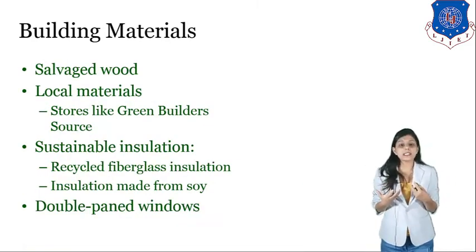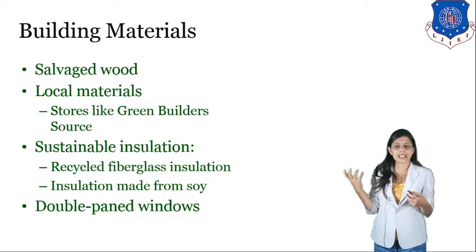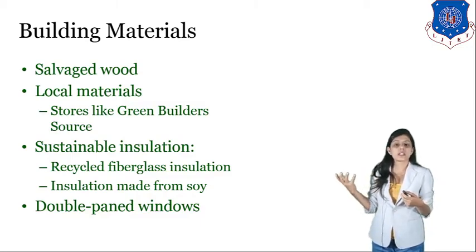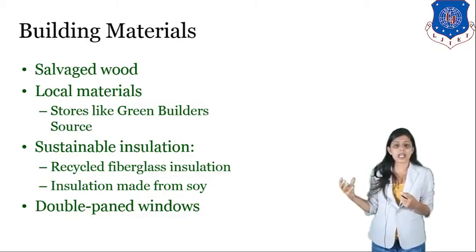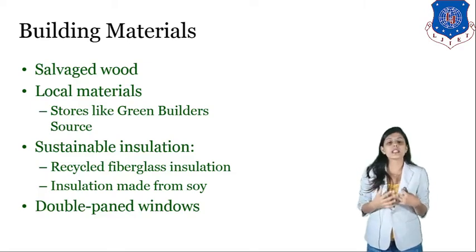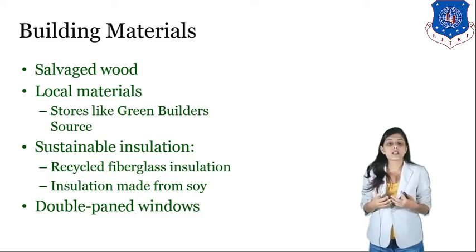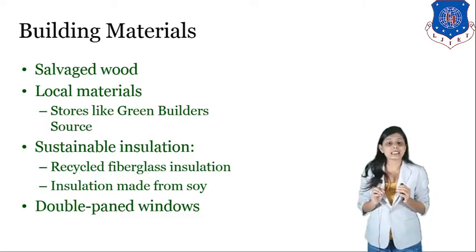Okay, what kind of building material should be utilized in making a sustainable house? Salvage wood, local materials, stores like Green Builder Source, sustainable insulation, recycled fiberglass insulation, insulation made from soil, double paned windows. The material utilized in sustainable buildings or greenhouses should be such that it can be recycled or reused, or it generates less toxic chemicals in the environment.